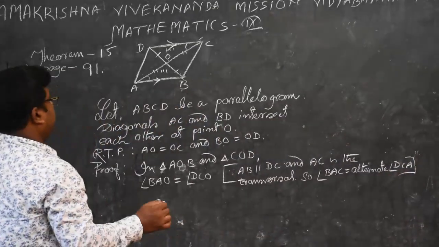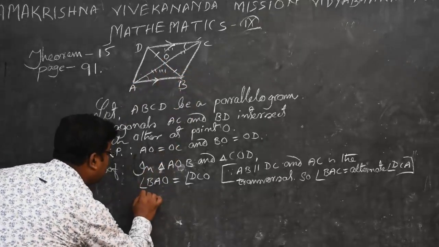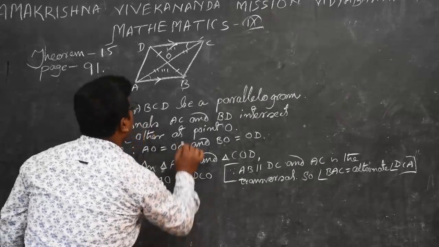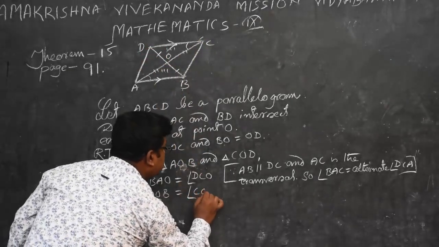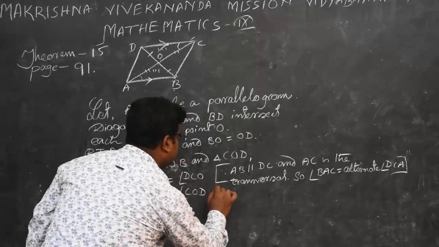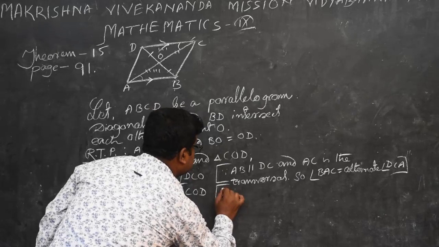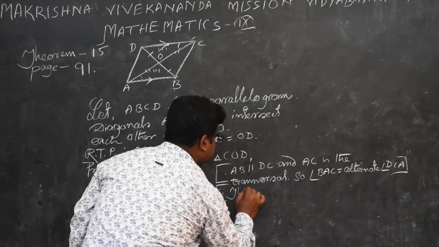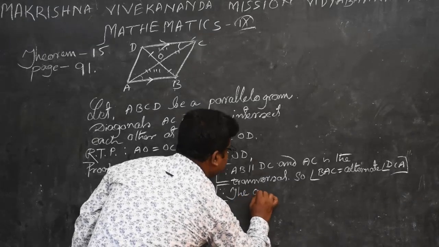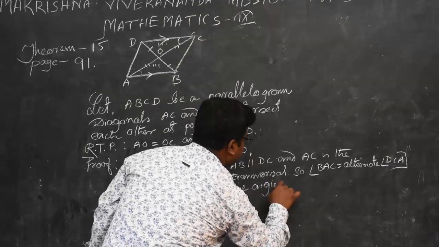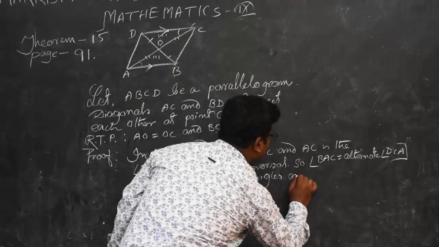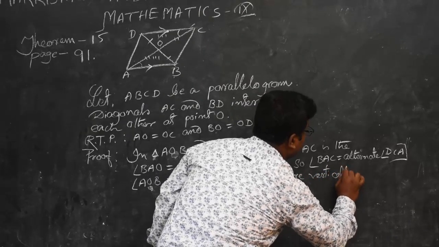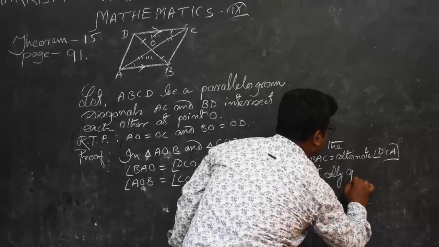Now angle AOB equal to angle COD, since they are vertically opposite angles.